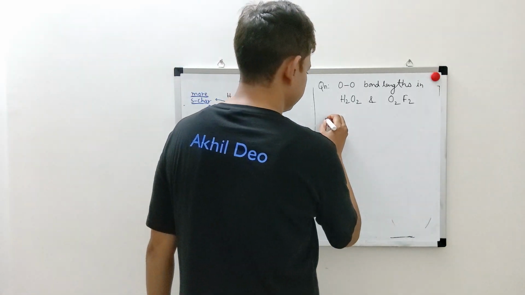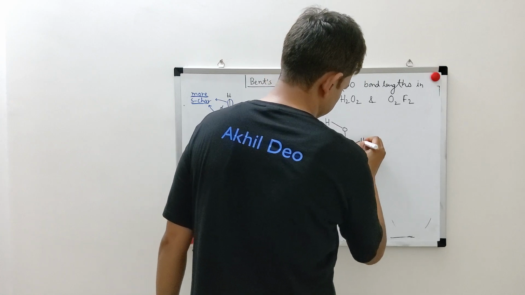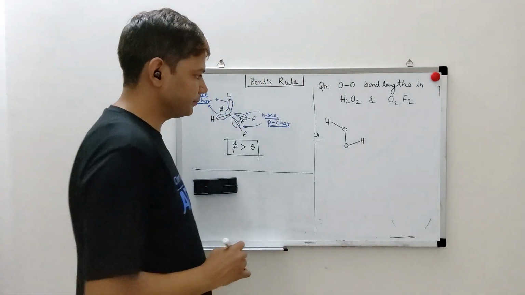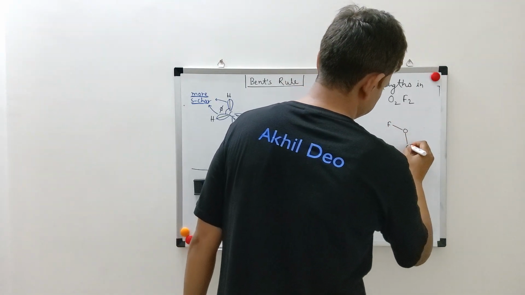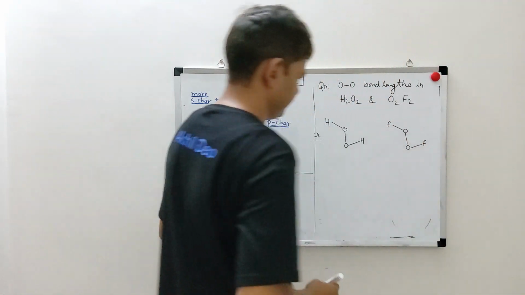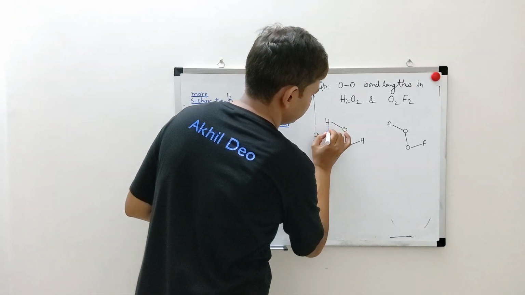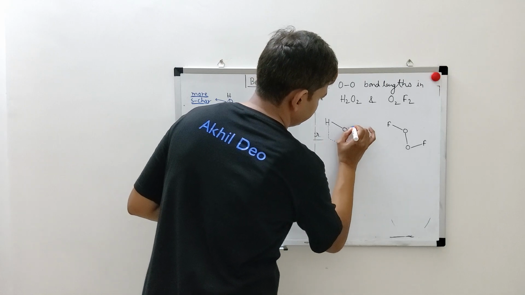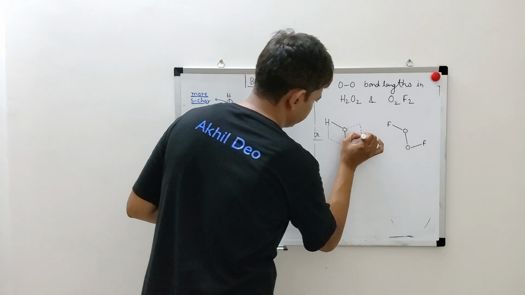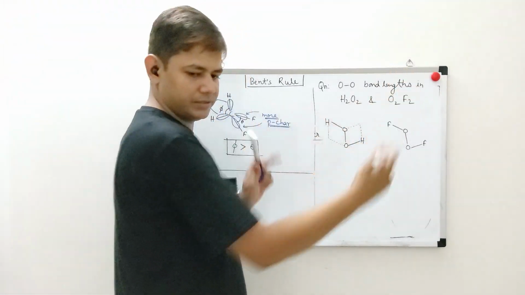Let us draw the structures. They have open book-like structures. H2O2 is drawn like this. Similar structure is for F2O2 also. Open book-like structure. This looks like an open book where the hydrogen atoms on the two sides form pages of an open book.